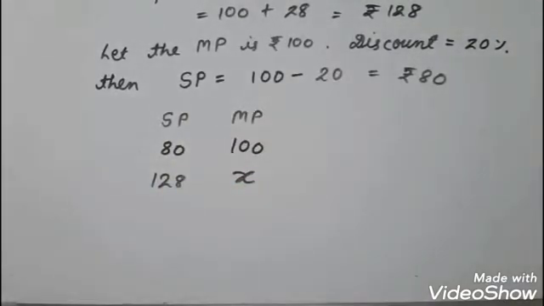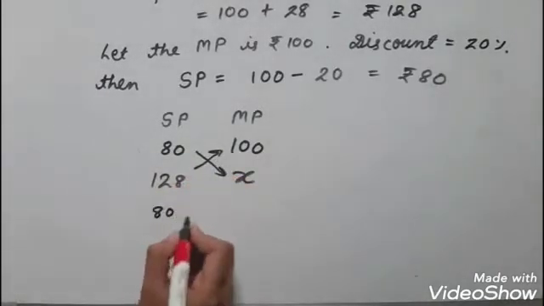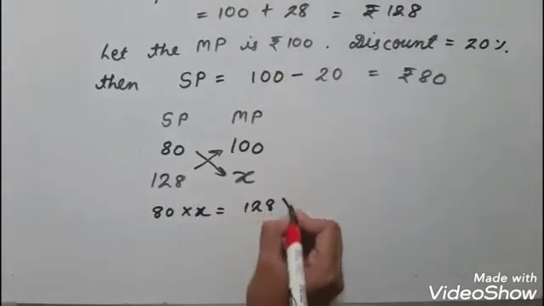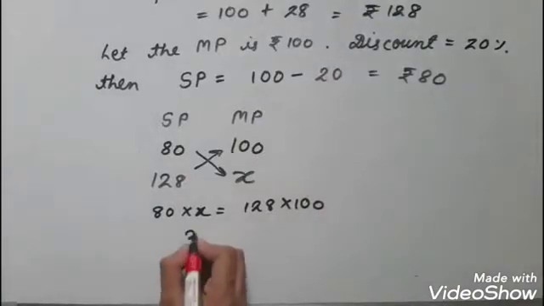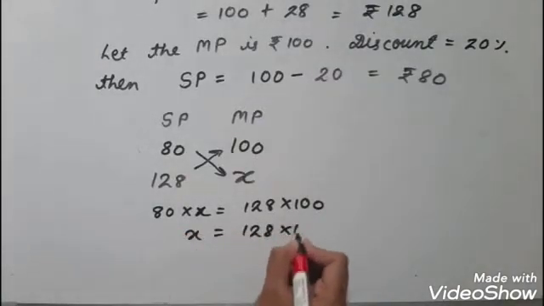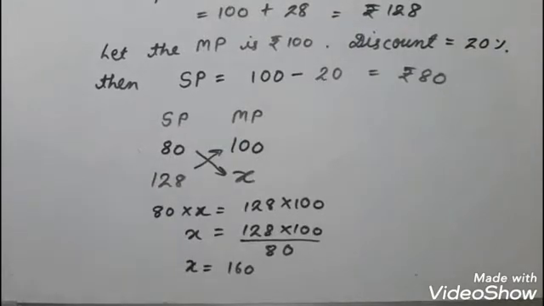Now we will calculate this table by cross multiplication, and we will get the value of x. 80 into x is equal to 128 into 100. So we will shift it downside, means in division, 128 into 100 upon 80. Now we will calculate it and find the value of x. And it is 160, means marked price is 160.